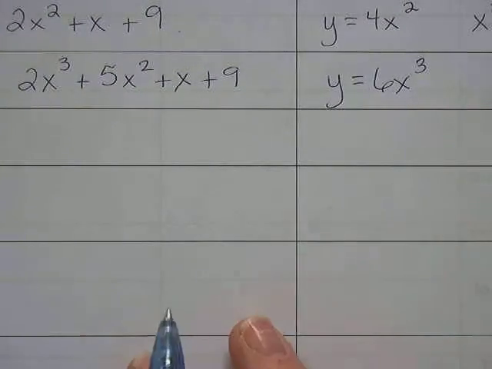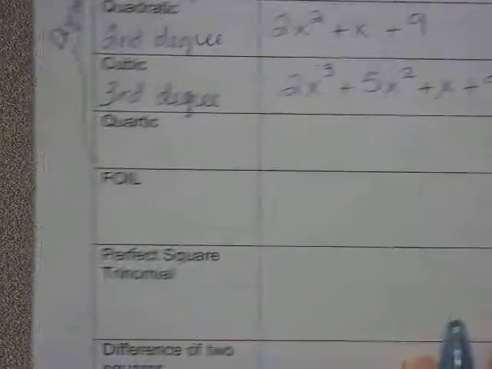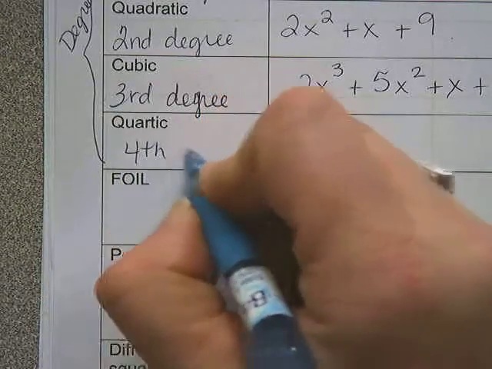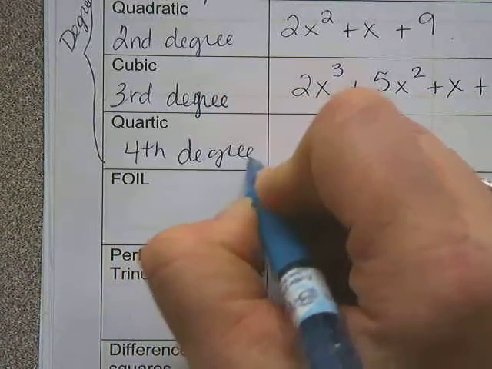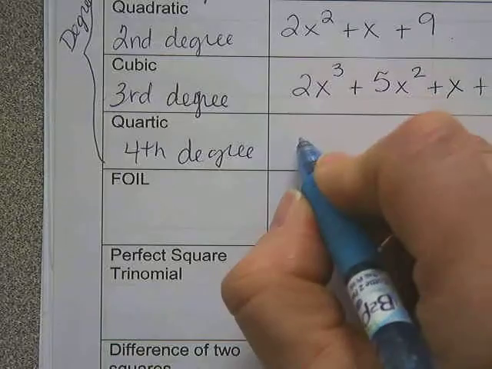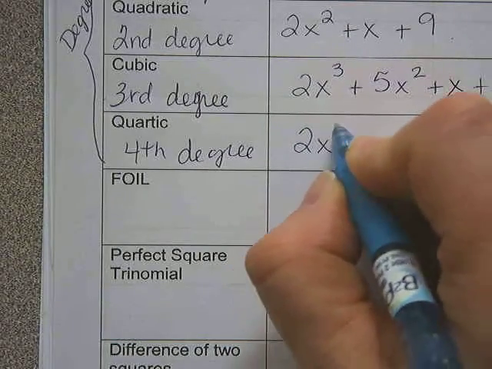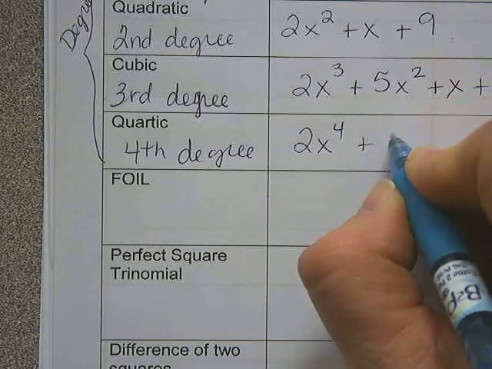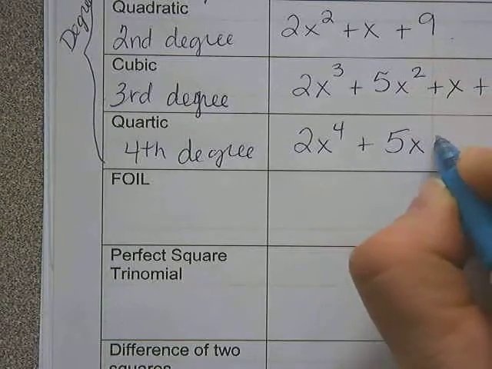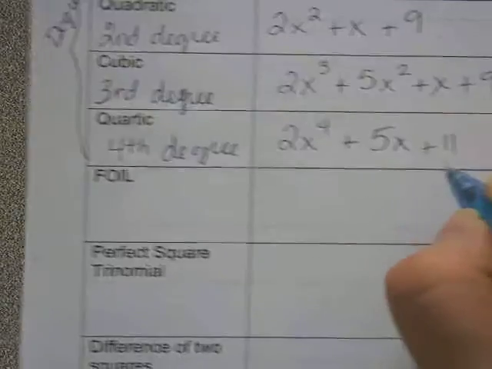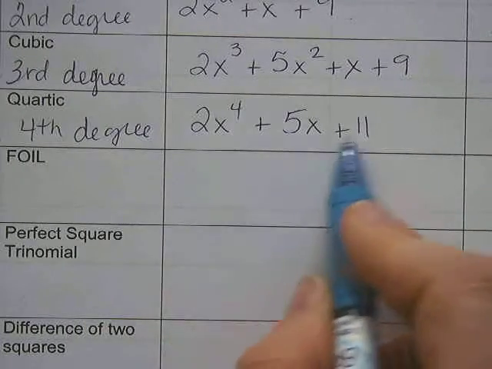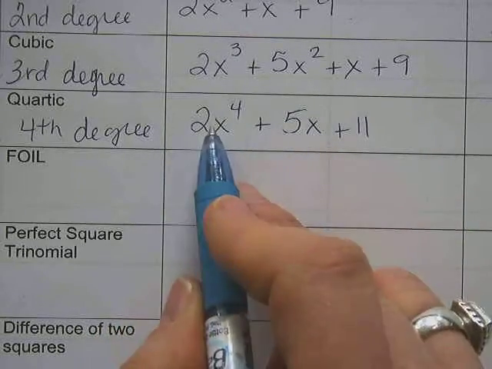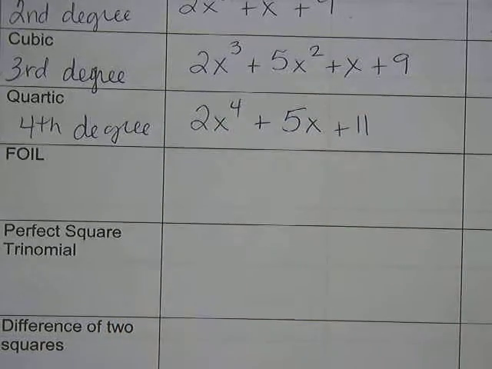This is a real basic cubic equation. Third degree. And quartic is fourth degree. So anything to the fourth power. And you can have as many terms as you want. This is a quartic expression because it's to the fourth power.